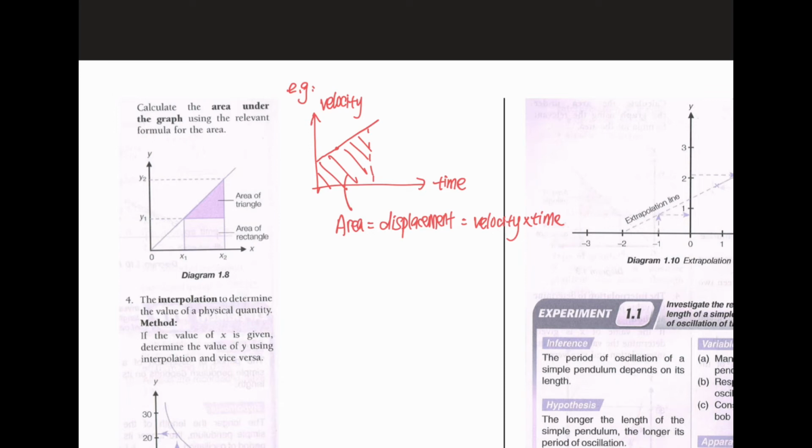So you can see two things over here. Gradient, you take y divided by the x-axis. Area, you take the quantity on the y-axis multiply with the quantity on the x-axis. If they represent something, then the area has meaning. Sometimes the area has no meaning.